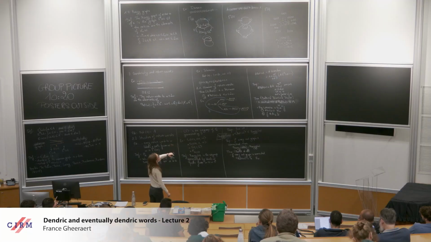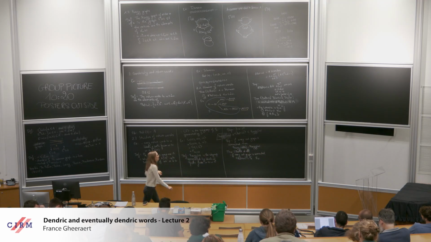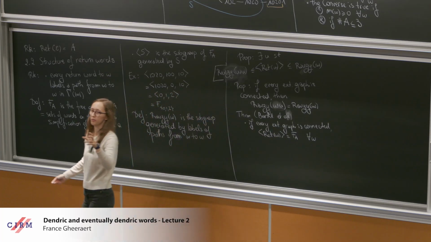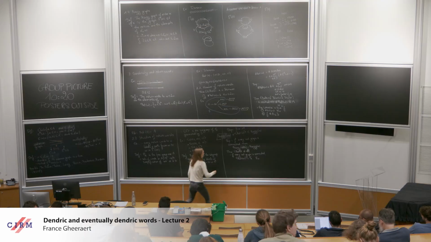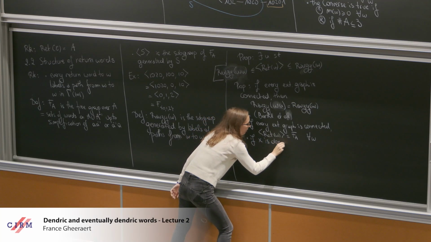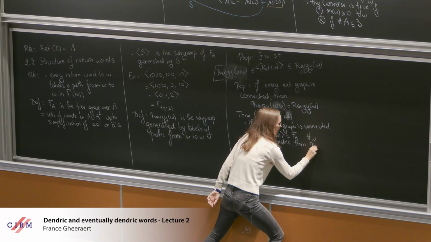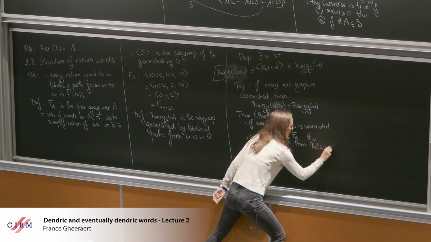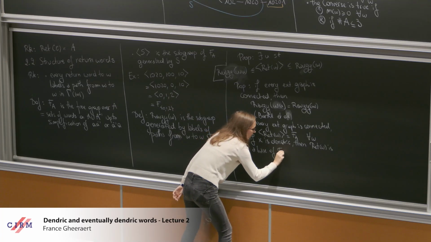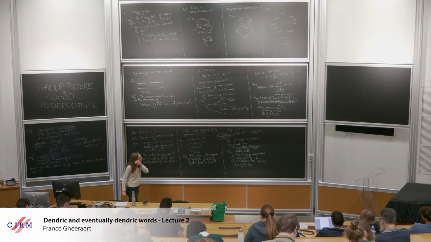We also have the property that the number of return words is exactly equal to the number of letters. So the return words are a generating set of the whole free group with the correct number of elements, and so it is a basis. So if X is dendric, then the set of return words is a basis of the whole free group for every W.